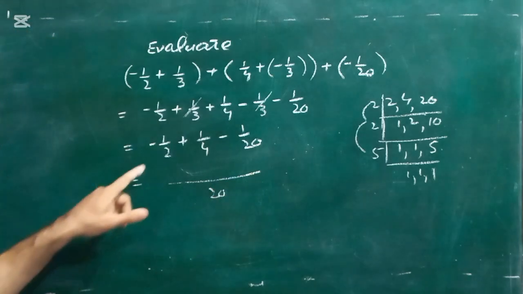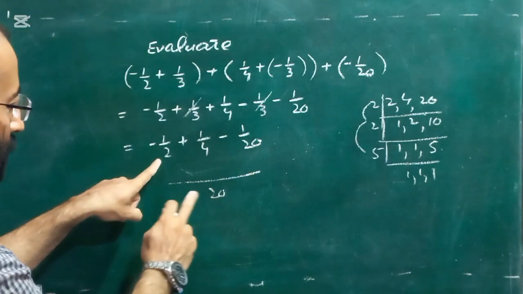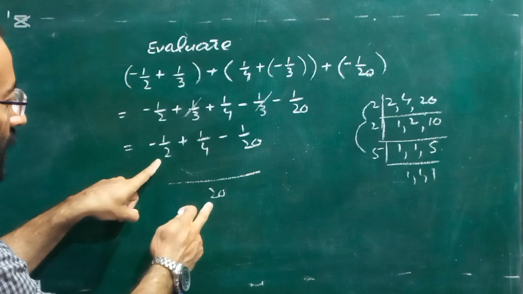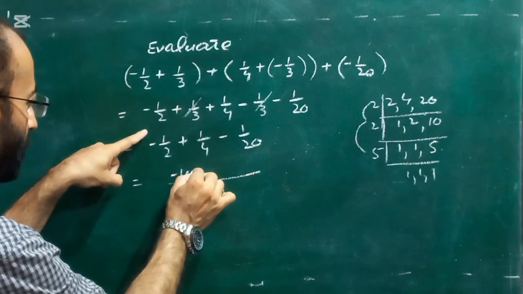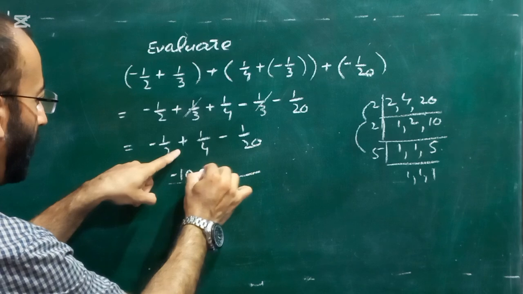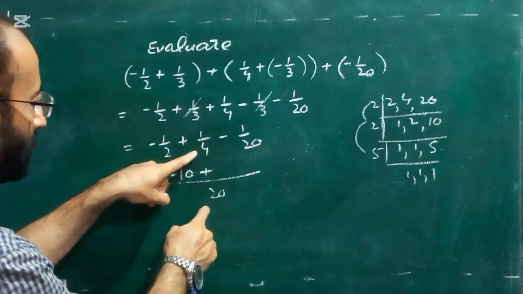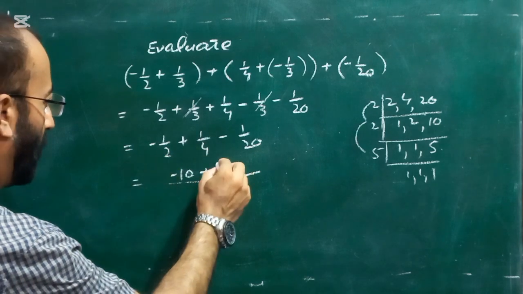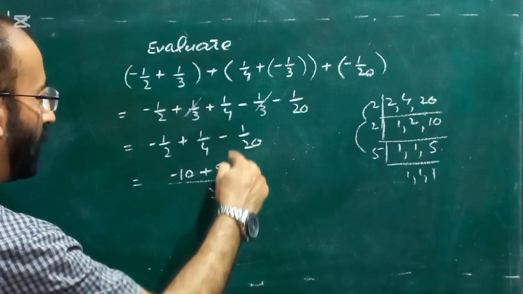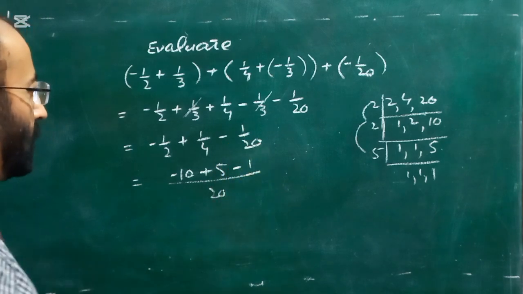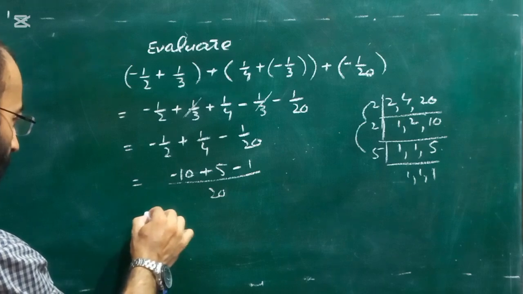So now read the table of this number up to this. So 2 tens are 20 and 10 will be multiplied with this numerator. So minus 10 will be there. This plus sign as it is. 4 fives are 20 and 5 will be multiplied with 1. Minus, 20 ones are 20 and 1 will be multiplied by 1. So this is the thing now.